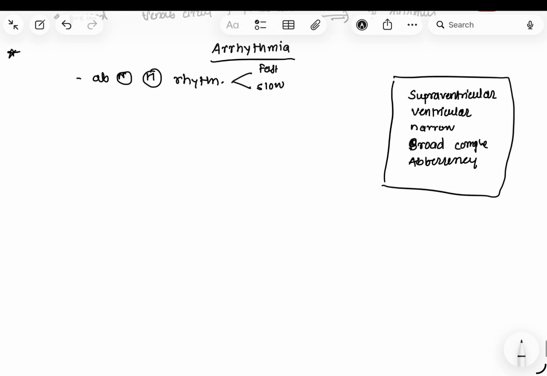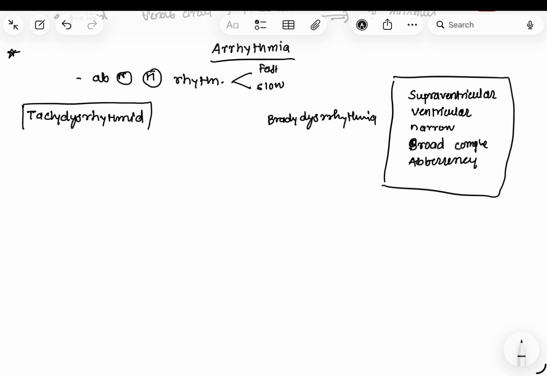So arrhythmia is divided into two parts. First is tachyarrhythmia. Second is bradyarrhythmia.